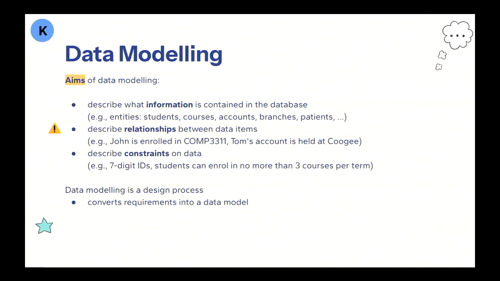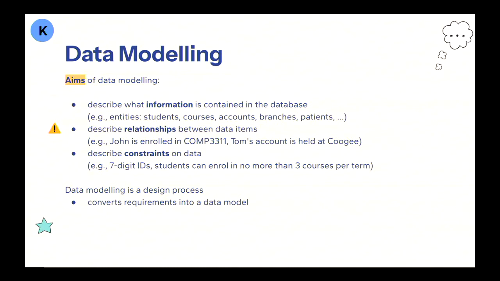So we will be applying this in our exercises later. Also, please remember that data modeling is a design process. So what's unique about a design process? It's not an engineering or implementation process. So the thing here is, as a design process, there's no absolute correct or wrong for a design.